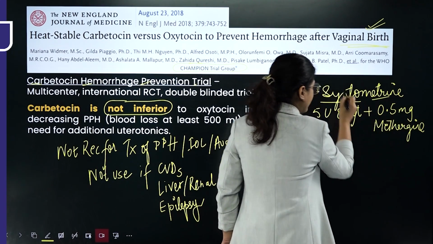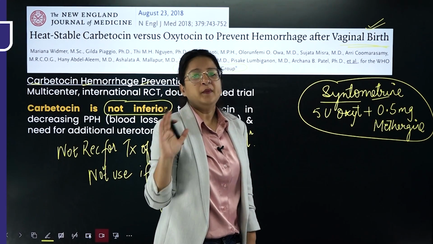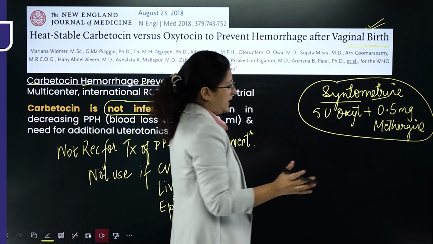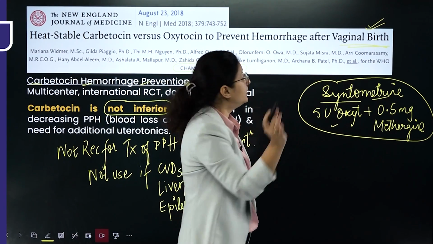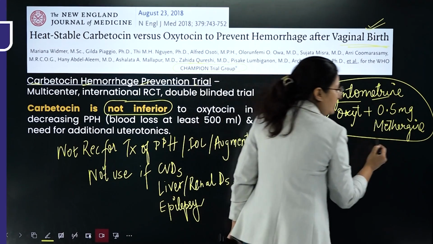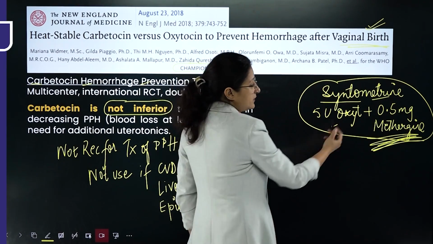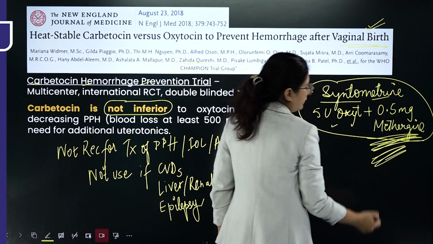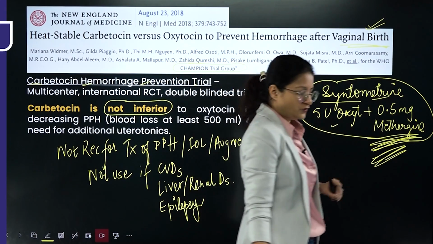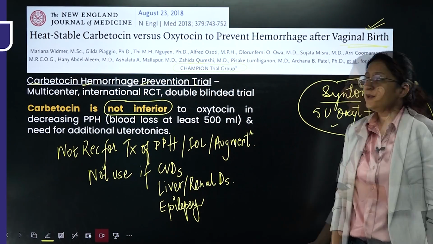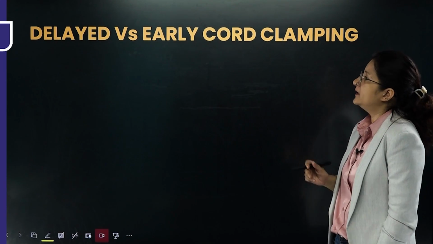Now, as far as Syntometrine is concerned for prevention of PPH, studies show that it may be marginally more effective as compared to oxytocin alone, but then it will have the side effect profile like that of methergin. It will have the same contraindication profile like that of methergin. And in our labor rooms, we generally don't use Syntometrine. Okay, it's also costly.